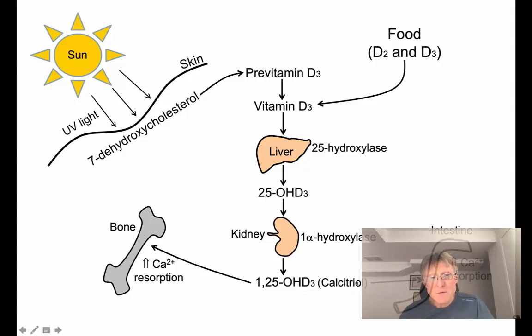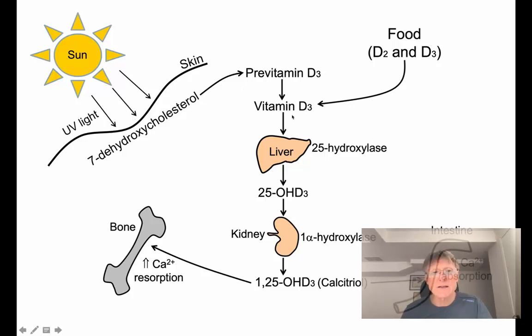So this is the fully active form of vitamin D in our body. So everything that happened all the way to here was a process to form the active vitamin D. And what we get from the food, or initially from the exposure to sunlight, is a vitamin that is not fully active.